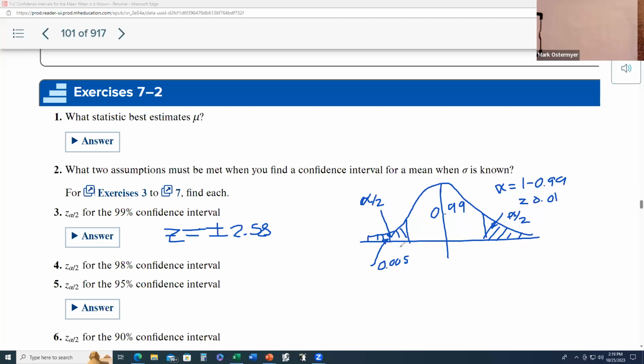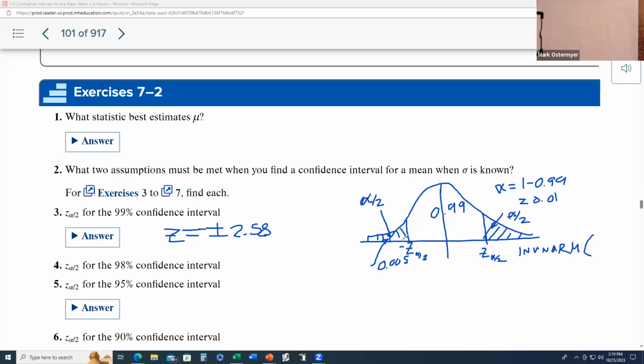To find this critical Z value down here, which is negative Z sub alpha divided by 2, and to find this critical Z value, which is positive Z sub alpha divided by 2, we use our inverse norm function. So we grab the inverse norm function on our calculator, and we type in the area.